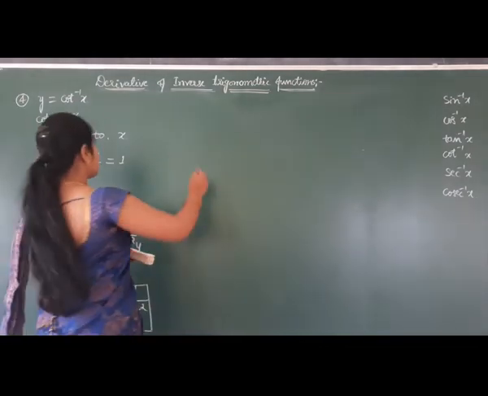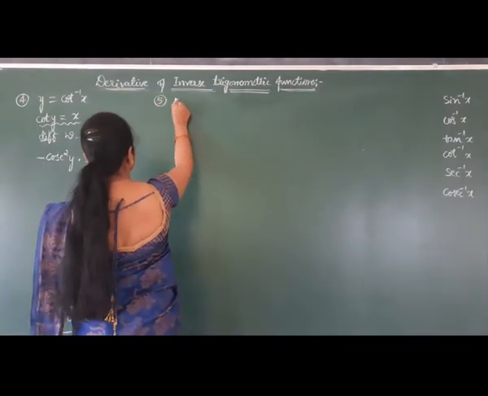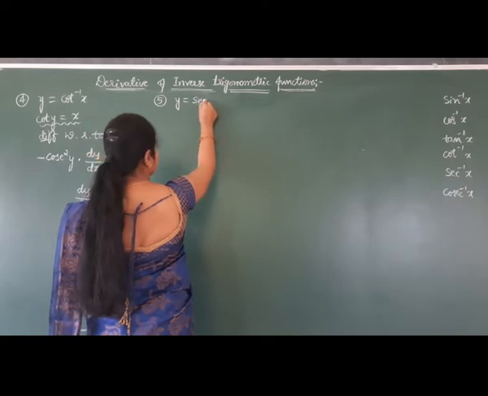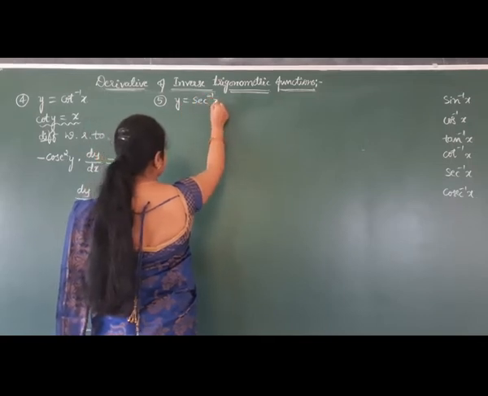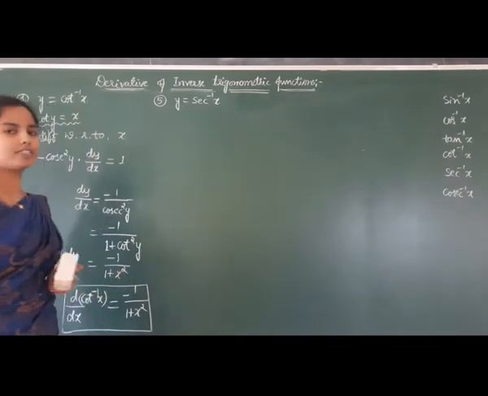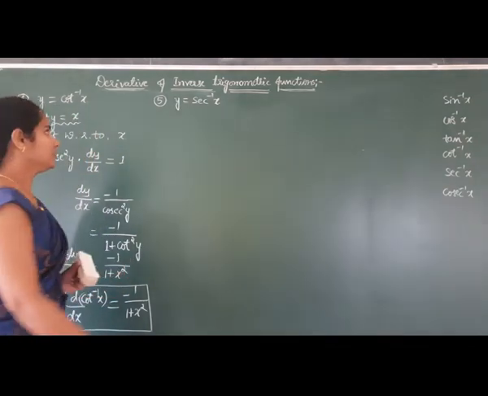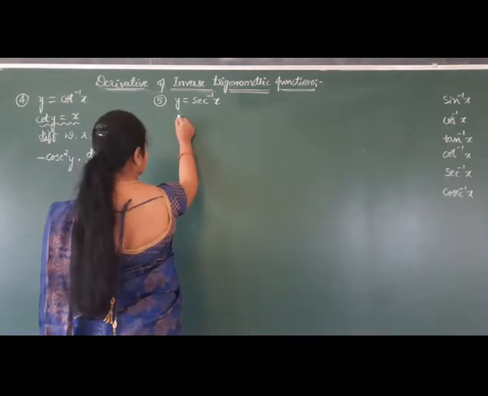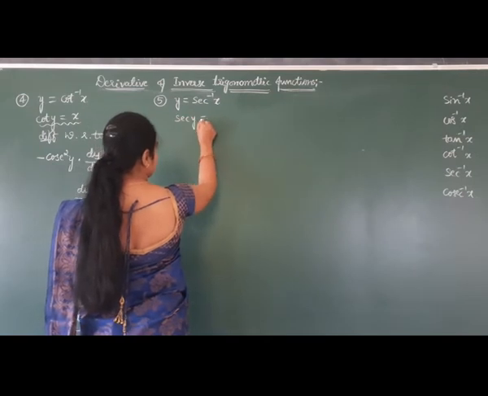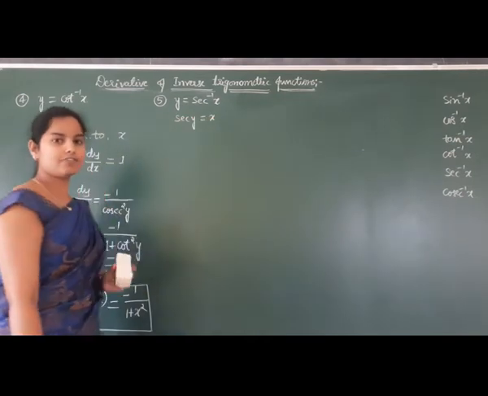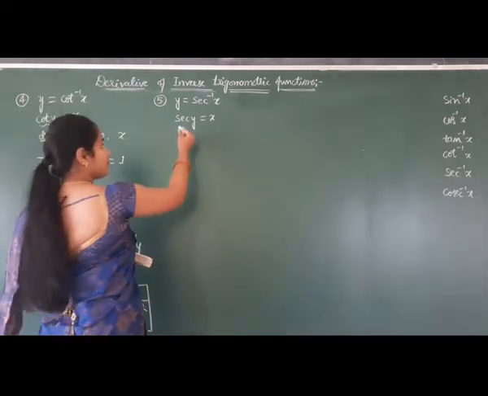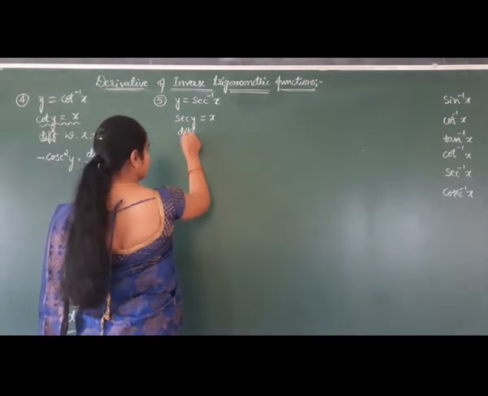Okay. So the next function is y is equal to secant inverse x. Again this can be written as secant y is equal to x. So differentiate this with respect to x.